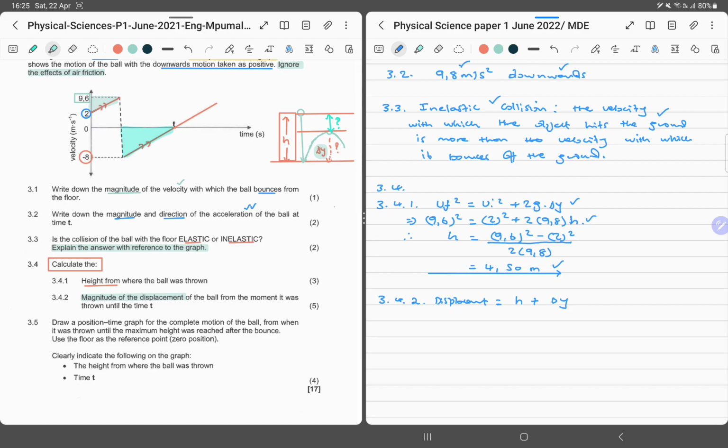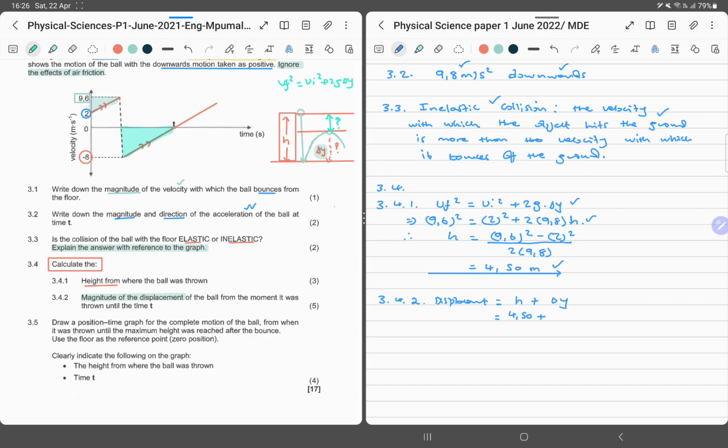You can see the sketch I'm working on. h is basically 4,50 plus, now, what is delta y? Remember, if we're looking at this formula, we don't know the time, so we have to use this formula for delta y: final velocity squared equals initial velocity squared plus 2g delta y.